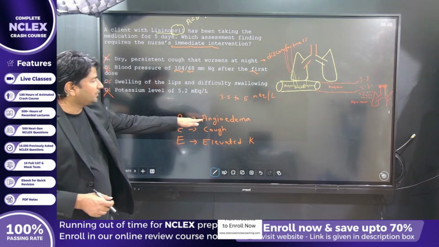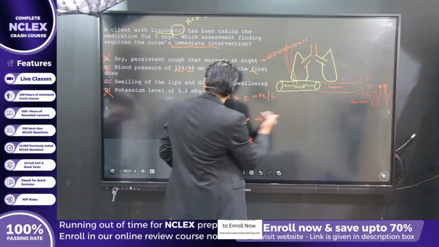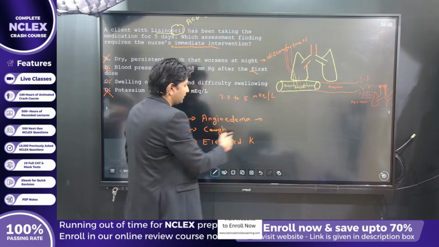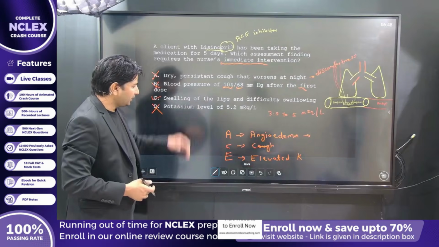A is related to angioedema, which means it can lead to an airway obstruction. C is related to the cough, and E is related to the elevated potassium. These all are the side effects of the ACE inhibitor.